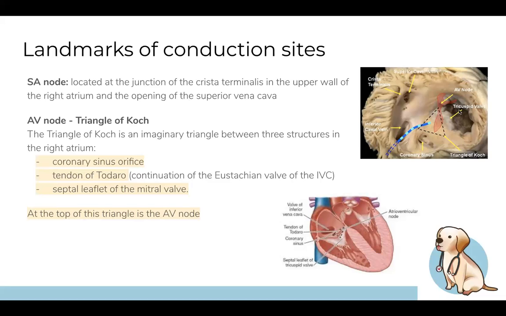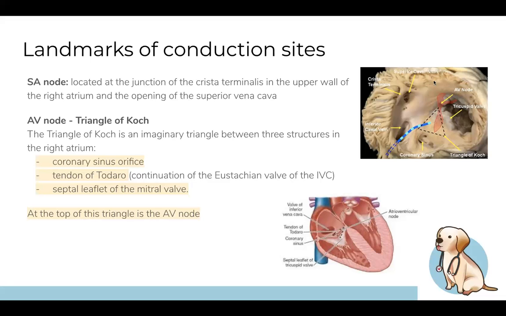So you can work out it's a rough triangle: you have your tendon of Todaro, your coronary sinus, and your leaflet. And at the top of this triangle is the AV node.